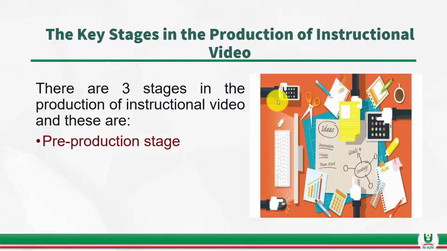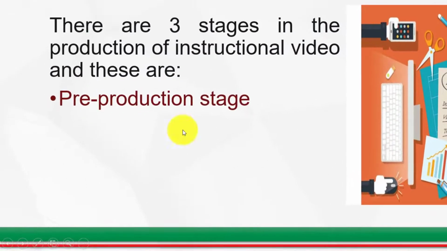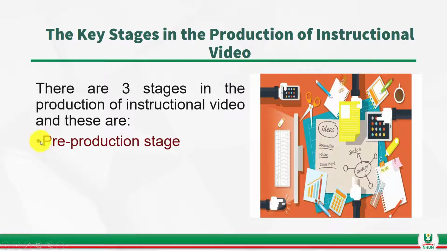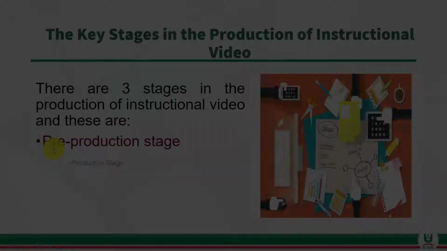It is primarily paper and pencil stage, but I can tell you it is the most critical aspect. It is the most critical stage of the video production process. This is where you plan your video, the content, you analyze, you do a whole lot of things here. Now, if you get anything wrong here, the impact will show on the final output.